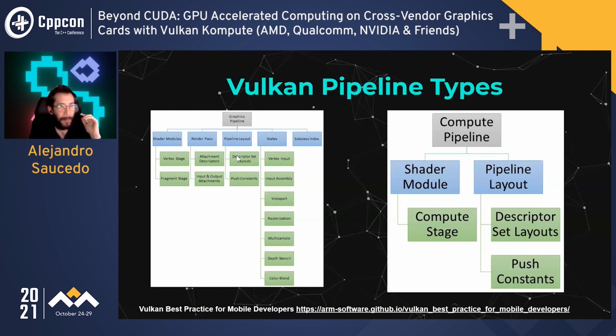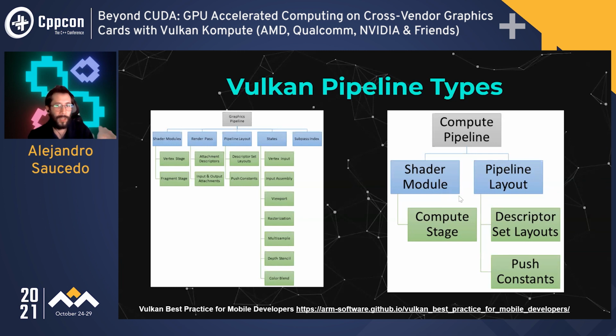Fortunately, the compute pipeline, which is going to be the more relevant for this talk, has a much thinner, lower level of complexity in regards to the options that it exposes, right? It has only the components that I mentioned briefly.